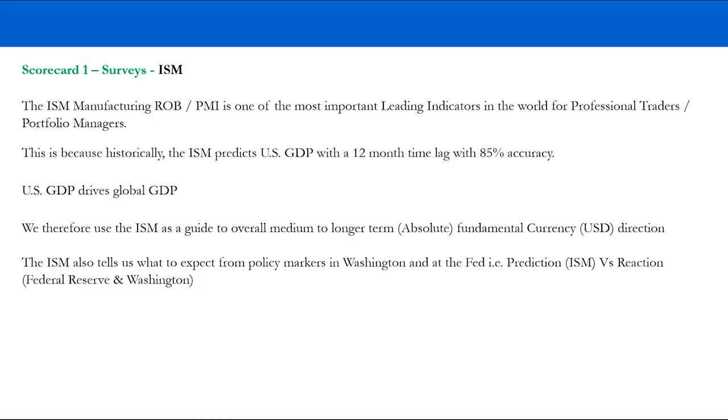It's a great start in our overall endogenous analysis, because once you get the principles behind understanding how we scorecard the ISM and what the ISM is all about in terms of predicting inflation and deflation, once you understand that analysis, you can understand how we start to build out looking at other drivers and how those other drivers are analyzed in order to work out what's happening in the United States and therefore what our view is on the US dollar.